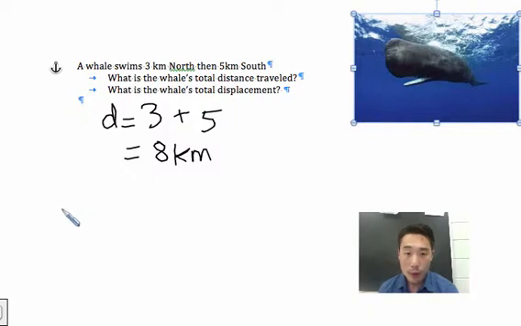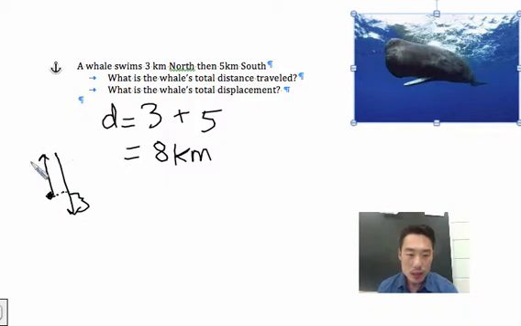Now, what about displacement? There are two methods of doing this. One is to draw vectors. We have 3 kilometers going north and then 5 kilometers going south. If this was the starting point, then there was about this much of the whale's journey that didn't overlap.